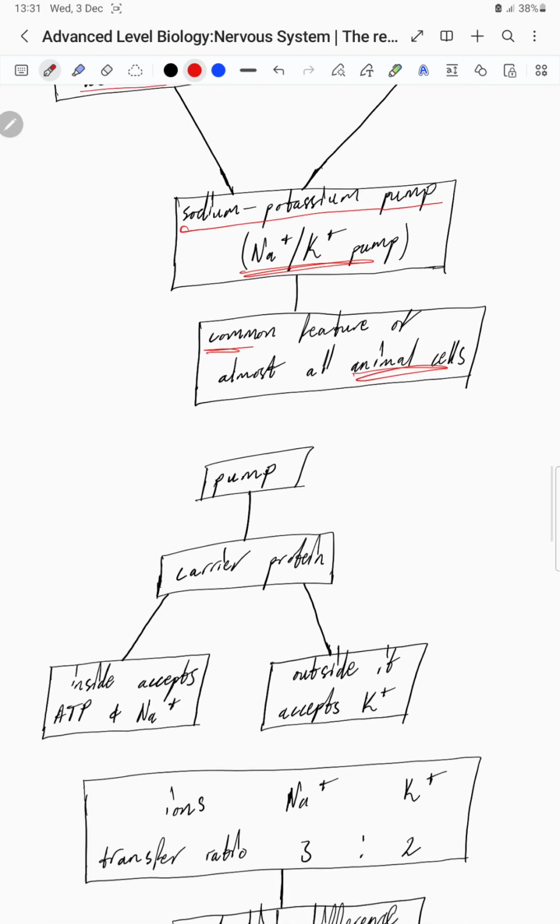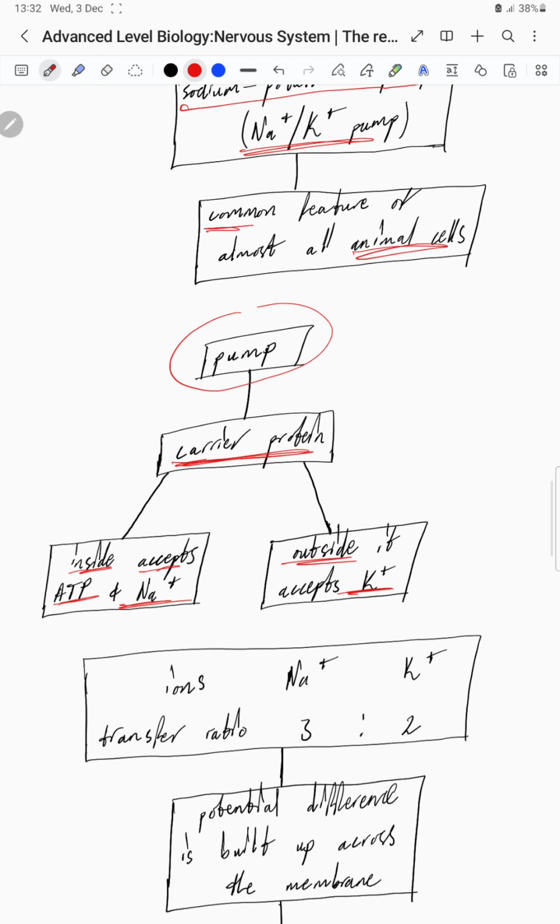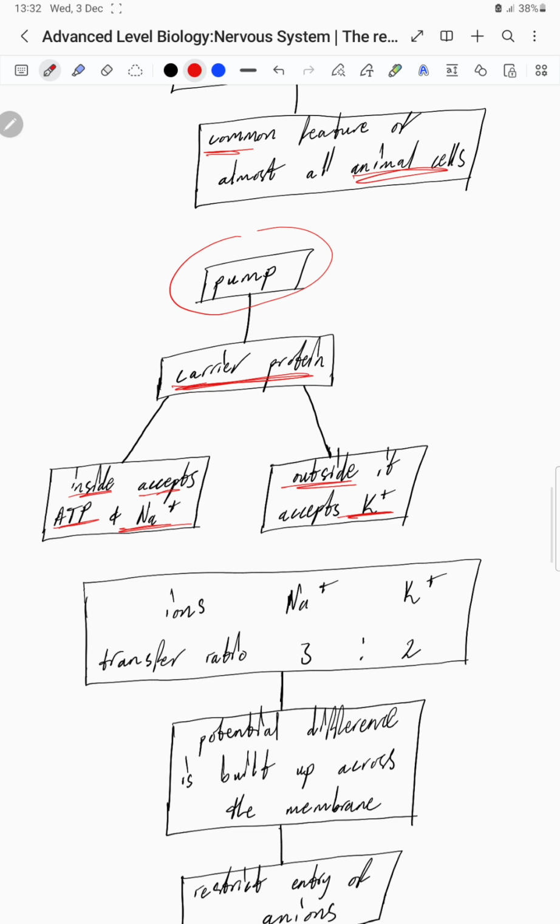So what's a pump? A pump is a carrier protein. This carrier protein inside accepts ATP and sodium, and outside accepts potassium.